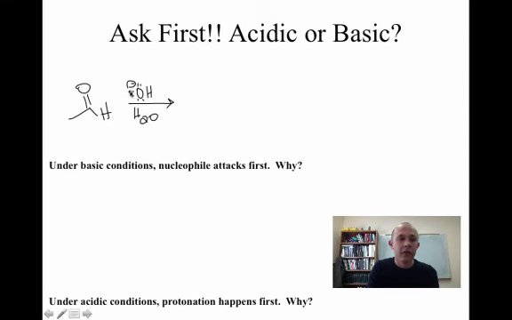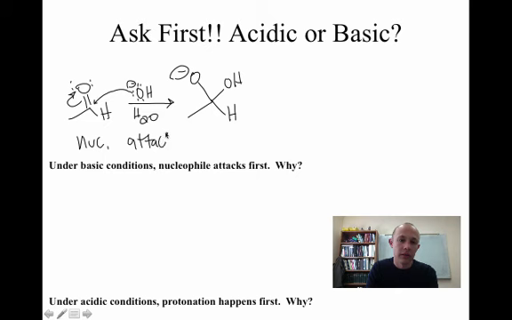So by itself, it's strong enough to attack the carbon of our aldehyde and break the pi bond. Remember, just like in the SN2 reactions, sodium hydroxide is a strong nucleophile. It's going to act as a nucleophile by itself without any help. And so the first step in all basic mechanisms is going to be nucleophilic attack to generate a tetrahedral intermediate, right? So this is nucleophilic attack.